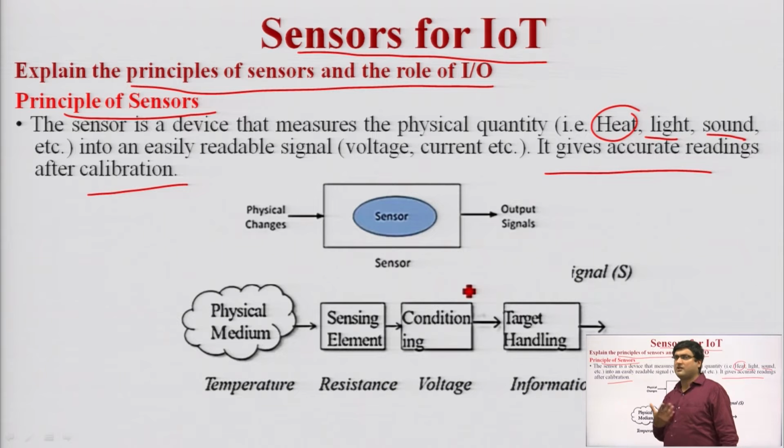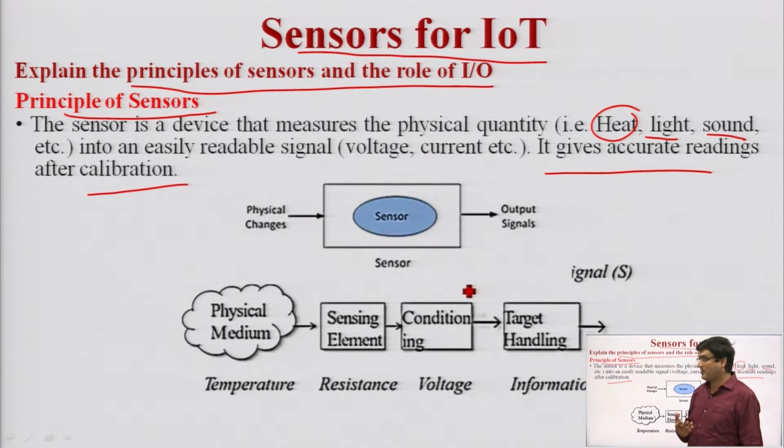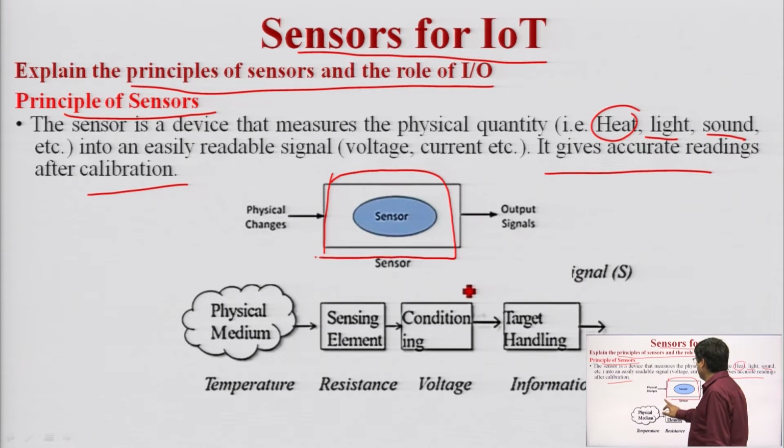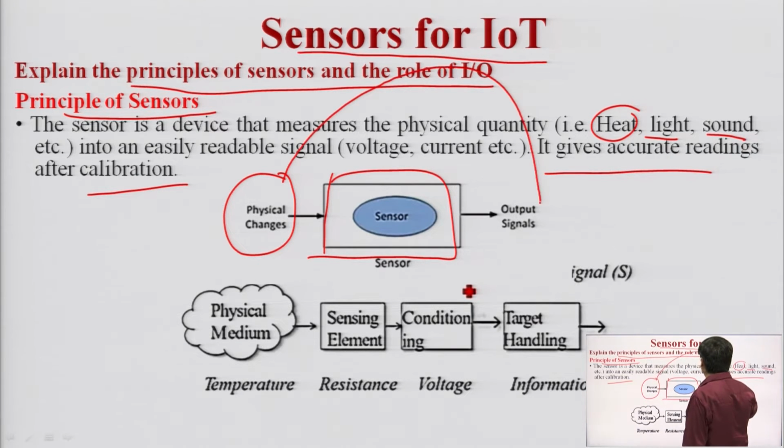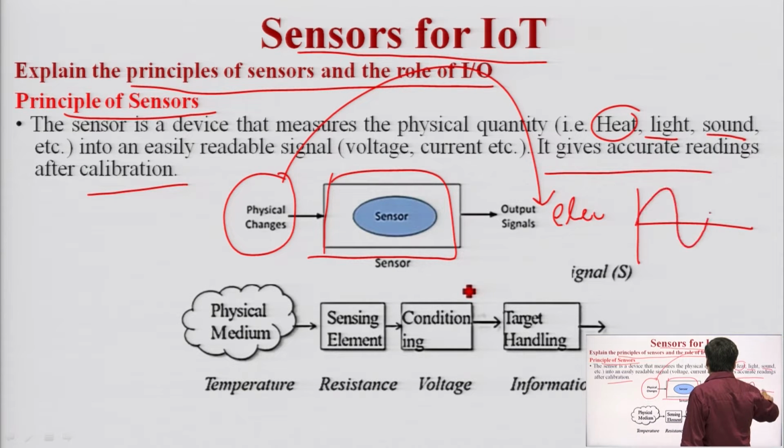We need to calibrate the signal so that accurate readings can be taken. Here, the sensor converts physical changes in the environment into an electrical output voltage, continuous in nature. It may look like this: electrical voltage or current with respect to time.